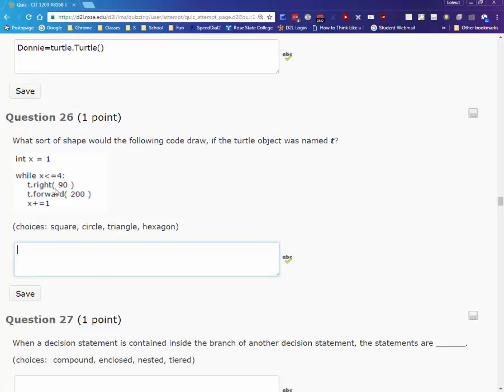What shape would this draw? Well, it's going to draw a four-sided figure. X starts off as 1, and we repeat while x is less than or equal to 4. And it's got 90-degree angles, so that pretty much indicates that it's going to be a square. I think most people got that one right.